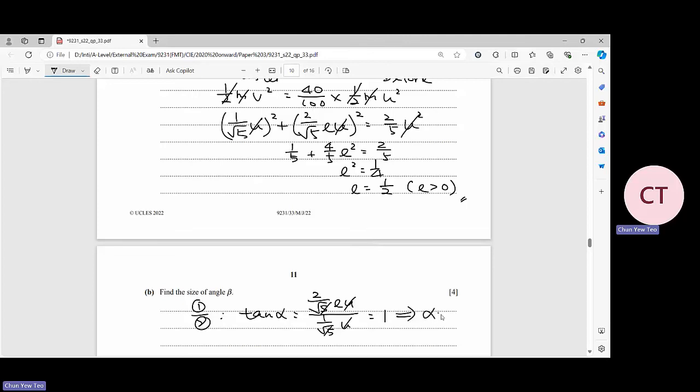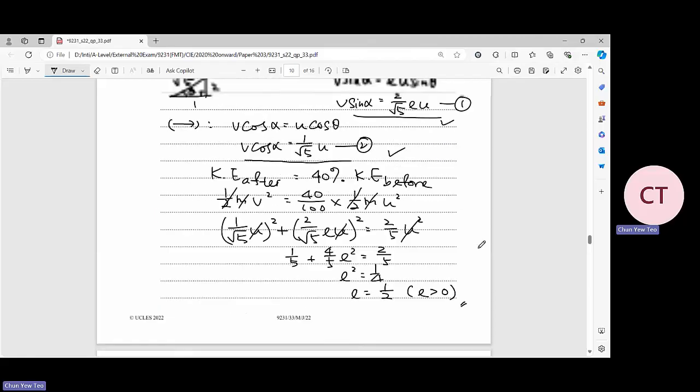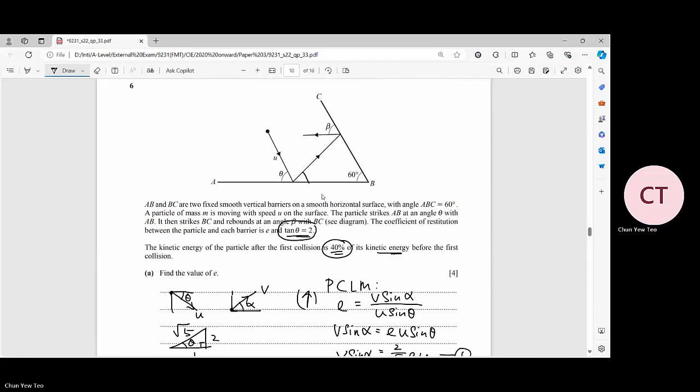That means your alpha is 45 degrees. Okay, so alpha is 45 degrees because the sum of the interior angles of the triangle is 180. So this one is 75 degrees.